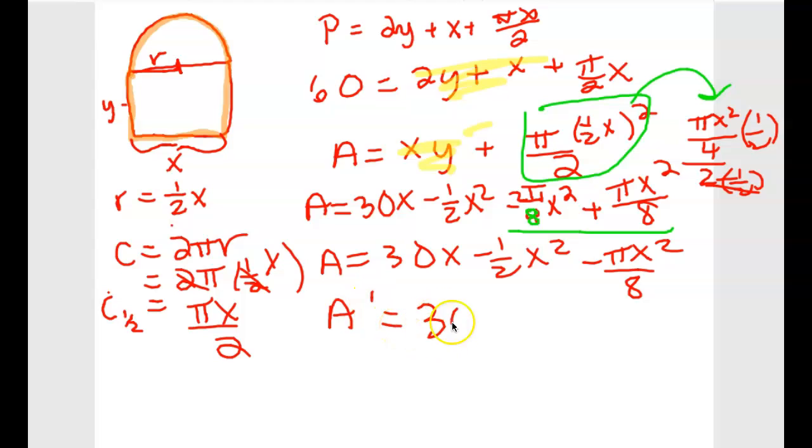Derivative of 30x is 30. Derivative of 1/2 x squared is negative x.